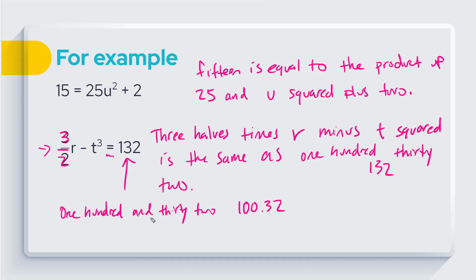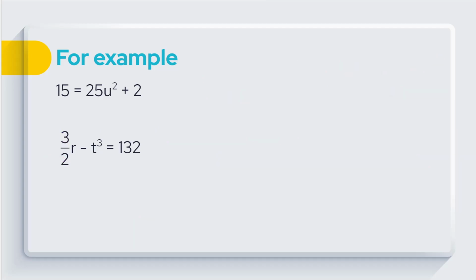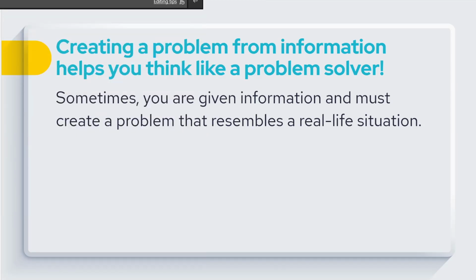So keep that in mind. I know when we're talking, we can use the and and that's fine. It's just not technically correct. So just keep that in mind when you're writing verbal equations.